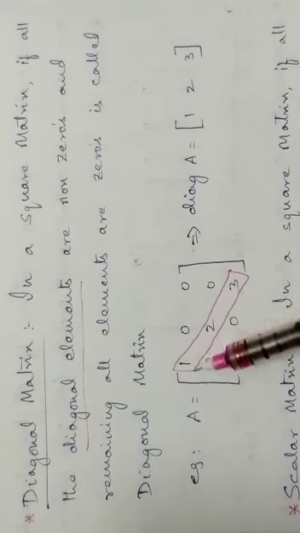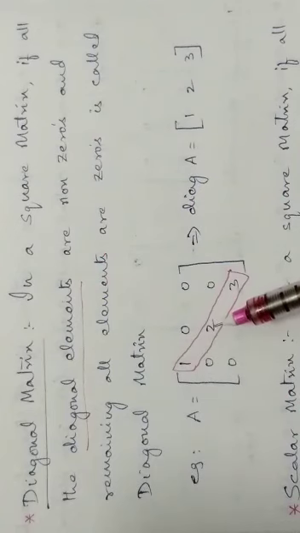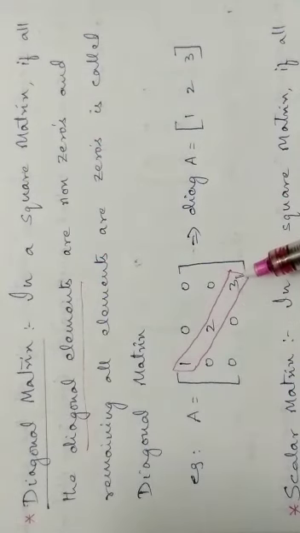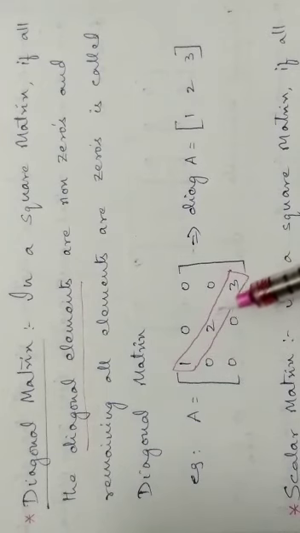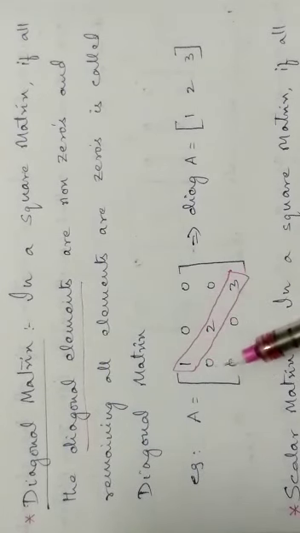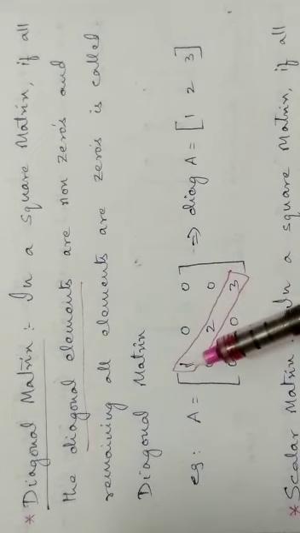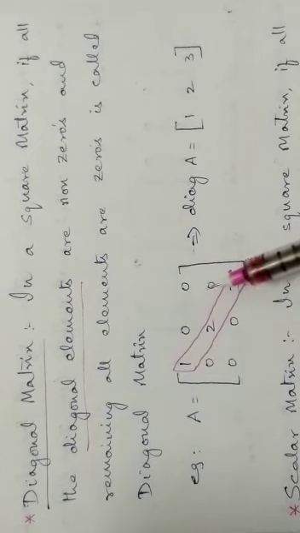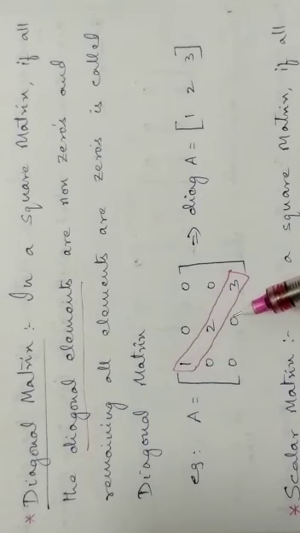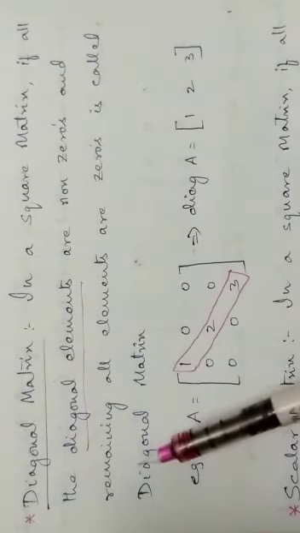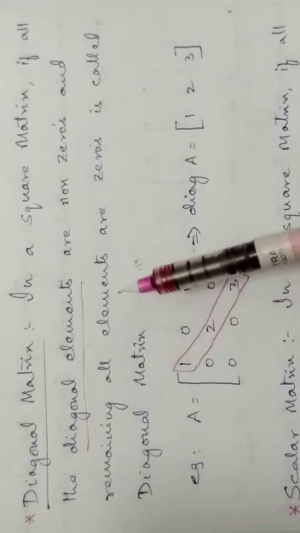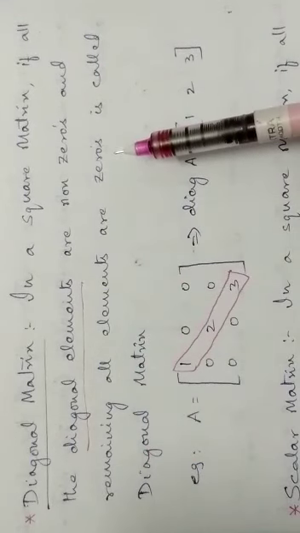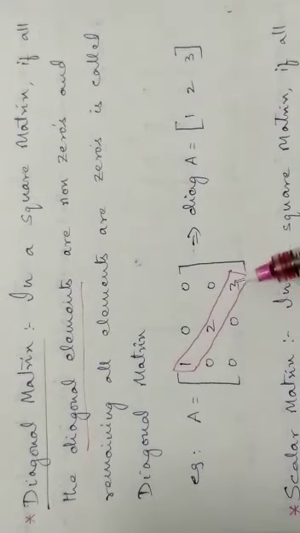First row, first column position, second row, second column position, third row, third column position. All the elements in these three positions are non-zeros. Remaining all elements other than these three must be 0. And all remaining elements are zeros, is called diagonal matrix.